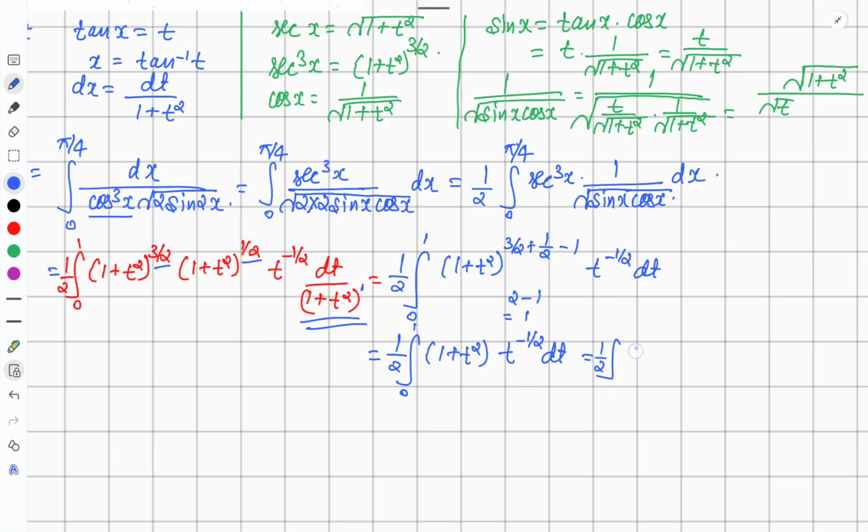So 1 into t raised to power minus 1 by 2 is just t raised to power minus 1 by 2, plus t raised to power 2 minus 1 by 2, which is t raised to power 3 by 2 dt.